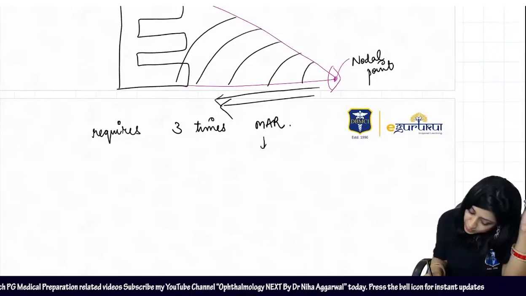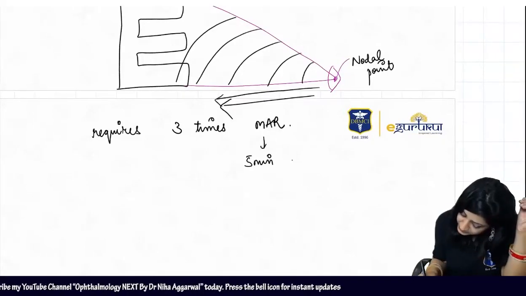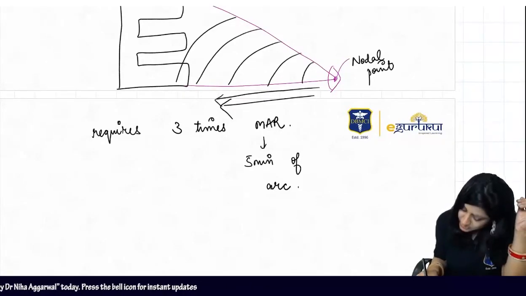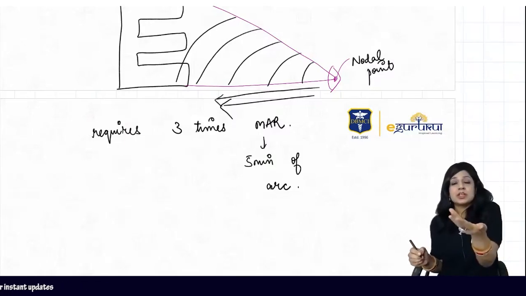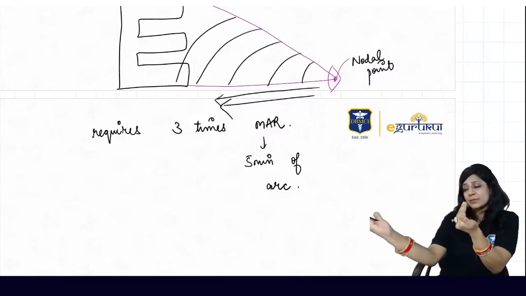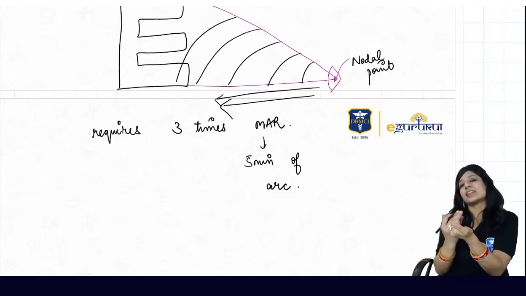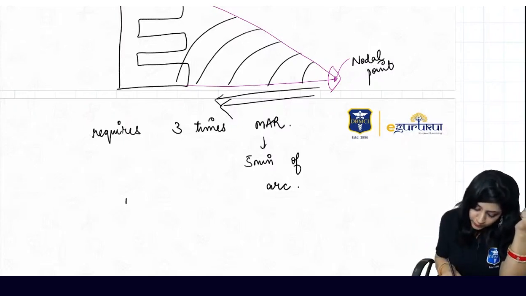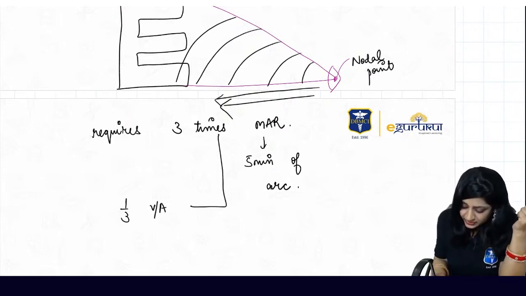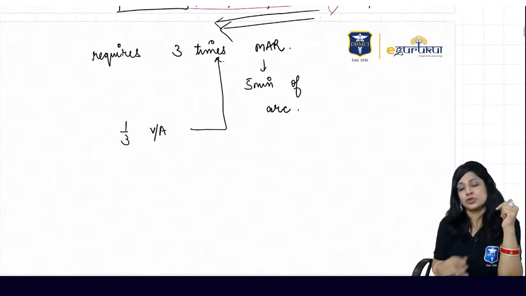What is the minimum angle of resolution? 5 minutes of arc. As you are coming closer and closer to the letter, the size is increasing. So for 1/3 visual acuity, she requires 3 times the minimum angle of resolution.